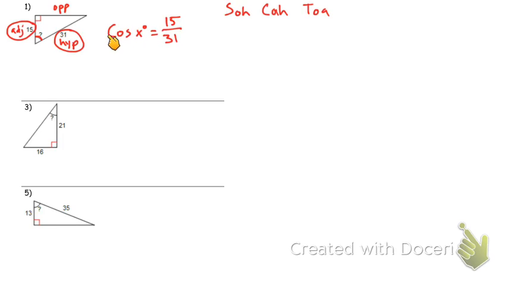The only thing that eliminates cosine is the inverse or the opposite of cosine. And the opposite of cosine is this guy. This means cosine -1 is inverse of cosine. And what you do to one side, you must do to the other.